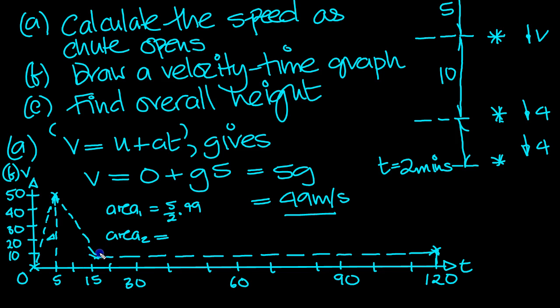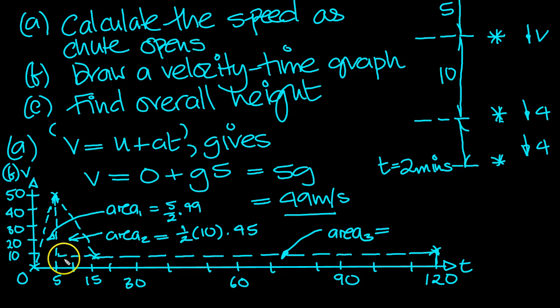So here's the point here. This was area 1, and this is area 2: half base, which is 10, times the height, which would be 49 take away this height here, which is 4, so it's 45. So that's area 2.